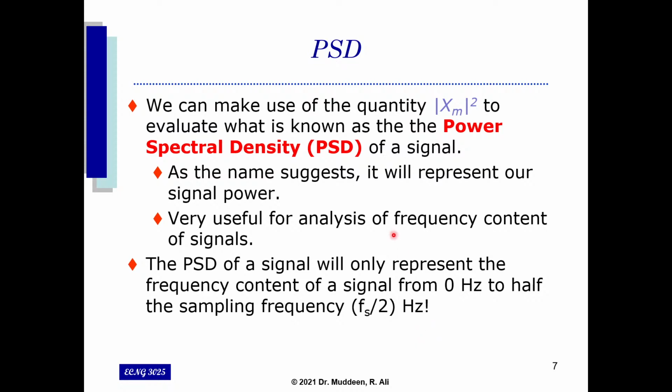Now, in doing the power spectral density, I'm going to show why, in the next few slides, we're only going to be concerned with the signal content from 0 Hz to half of the sampling frequency, and why we don't need to consider the entire signal itself.